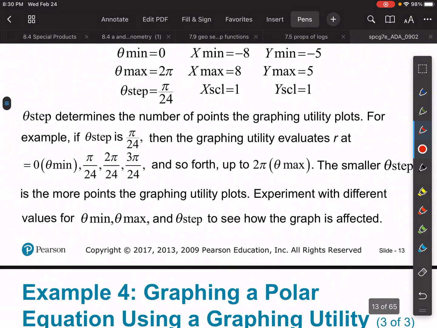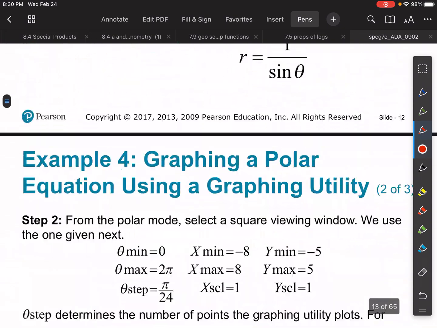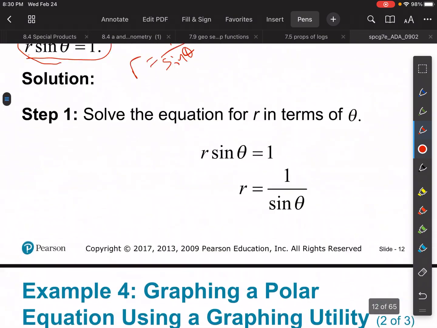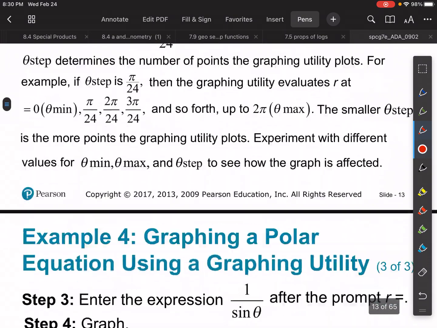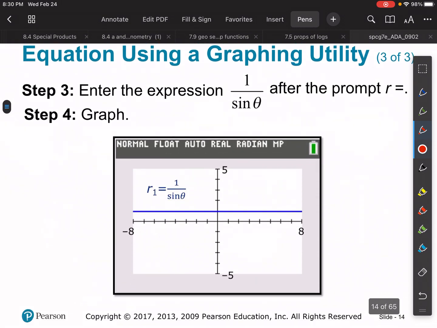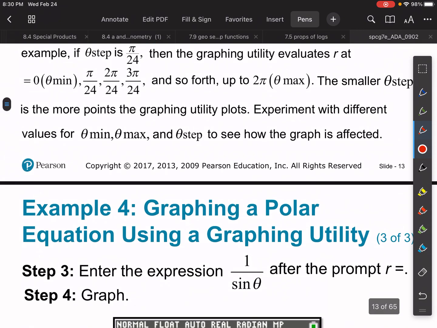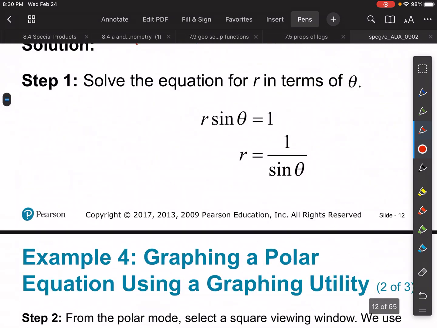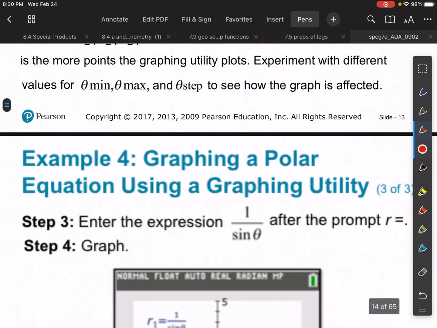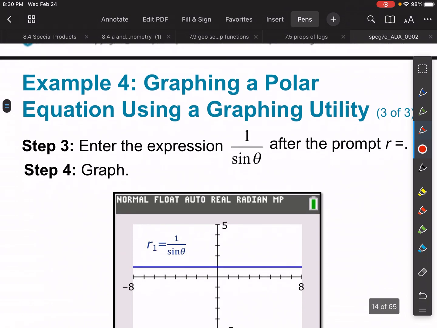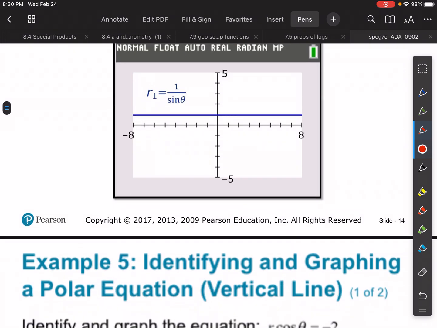This one, r equals 1 over sine of theta, is just going to simplify to this line that's here. So you have just a horizontal line. Kind of boring, really. So don't stress this too much, but I would encourage you to solve for r and plug it into your graphing calculator and just get some practice doing that.